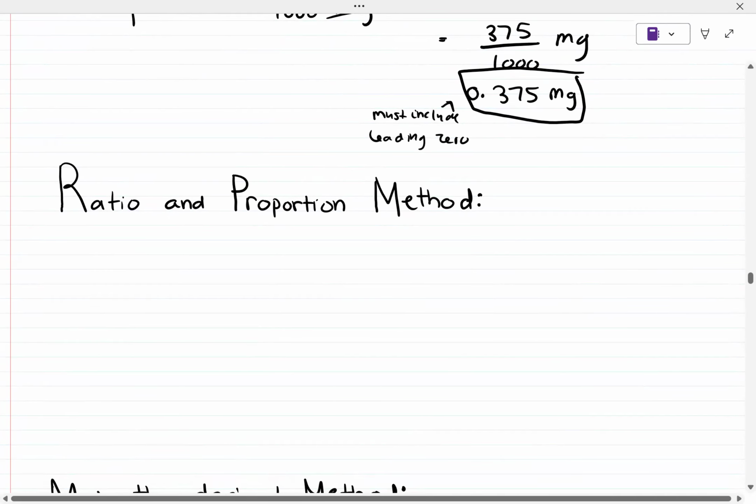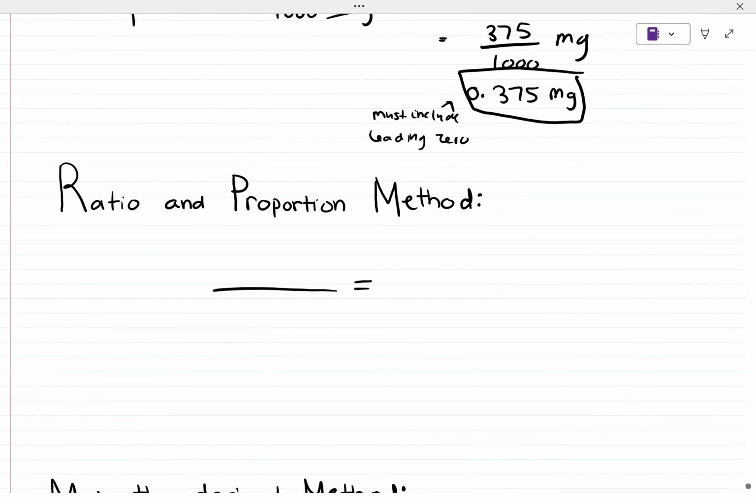Okay, ratio and proportion method. So it's going to be like this. You put mcg here, and then on the bottom, mg. So we are given 375 mcg, and the unknown is x. And for 1 mg, there's 1,000 mcg.